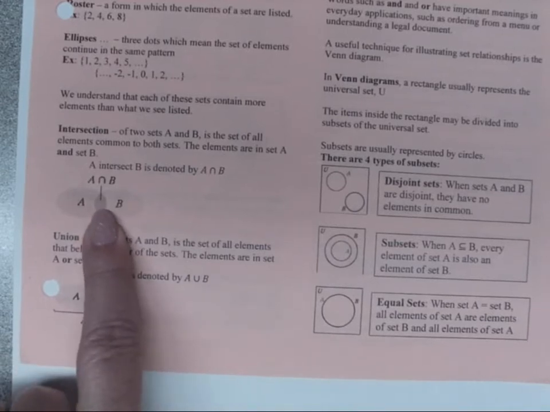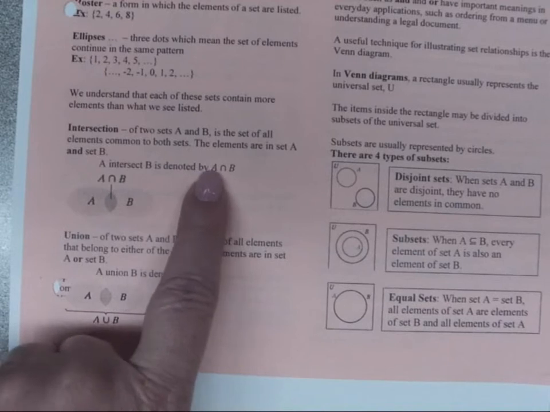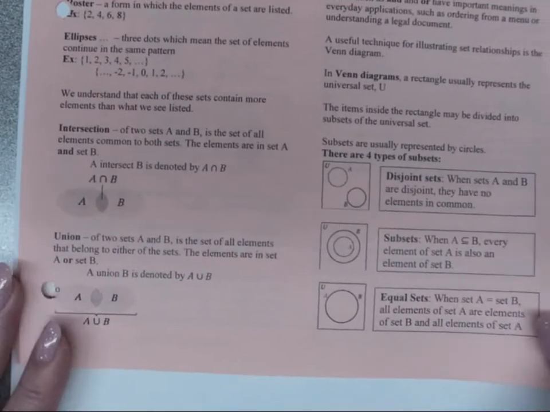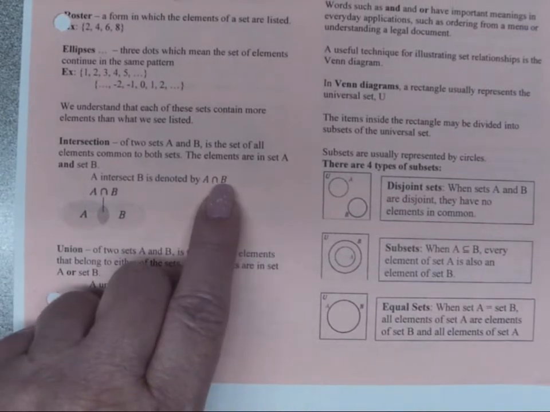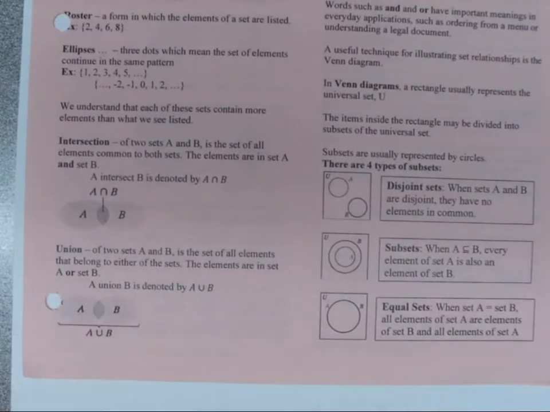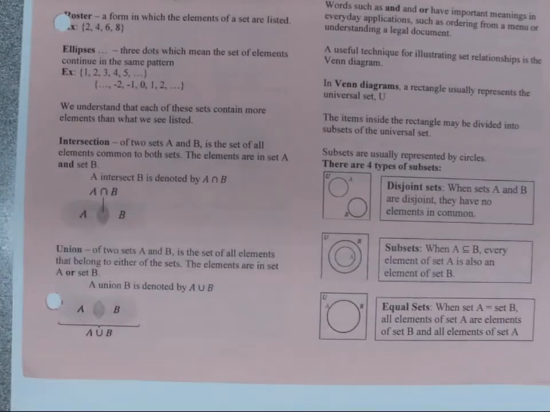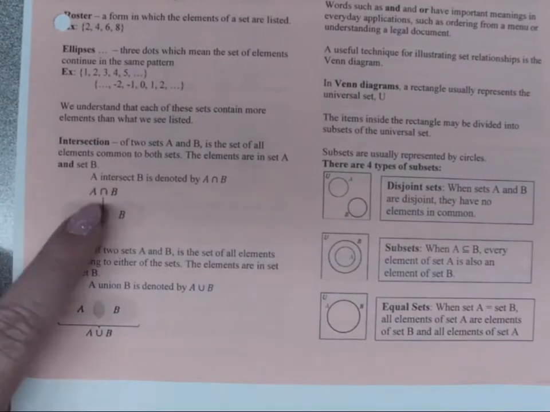A intersect B is denoted by A, and it's like an upside down U. It's not necessarily a U, but it looks like one. B. Think about that kind of looks like an N. It's not an N, but think about that for intersection.